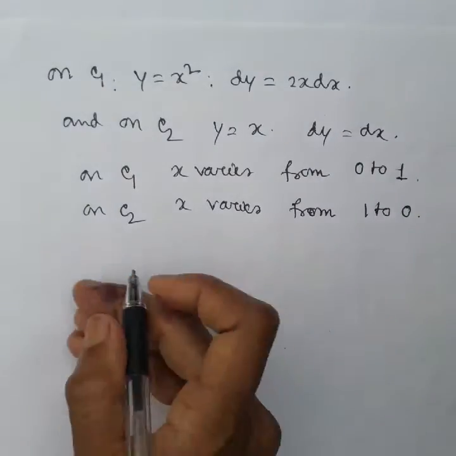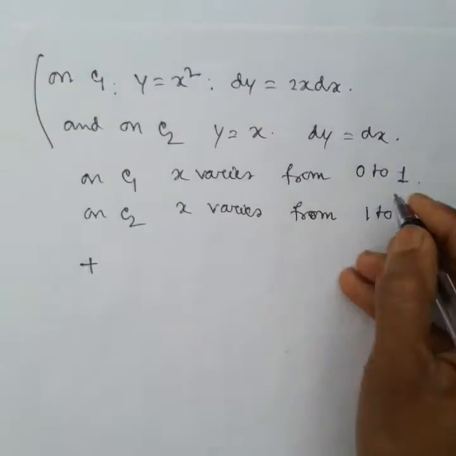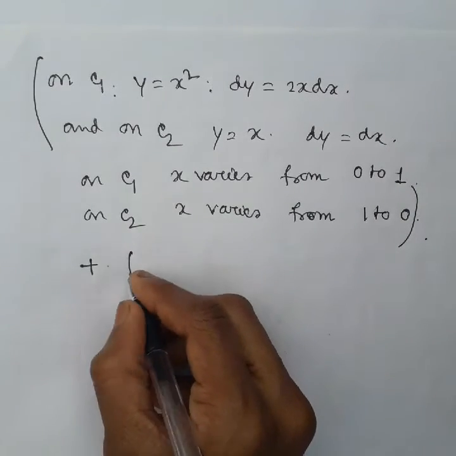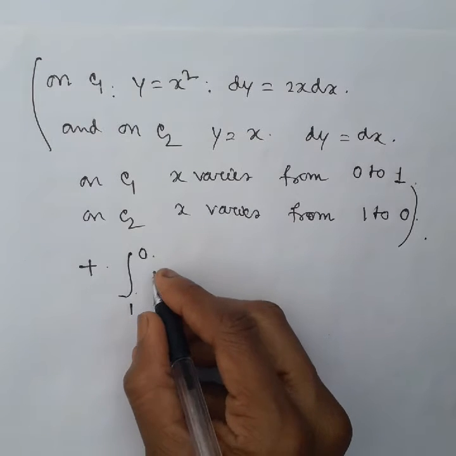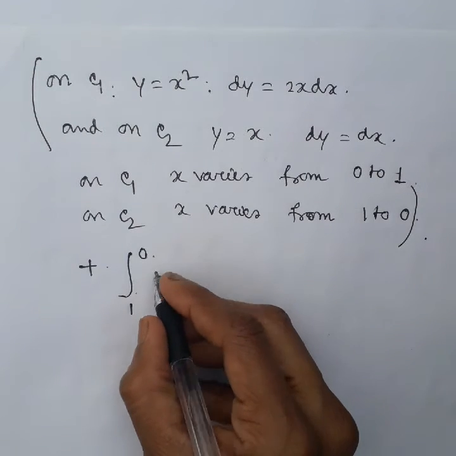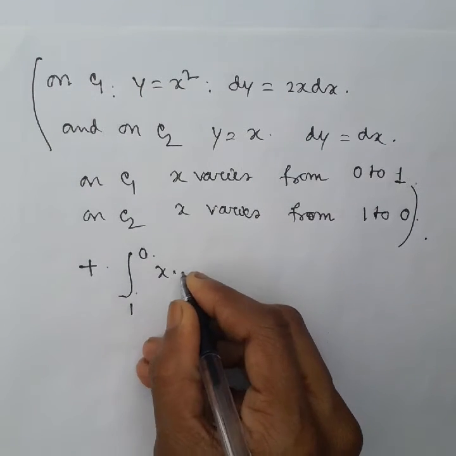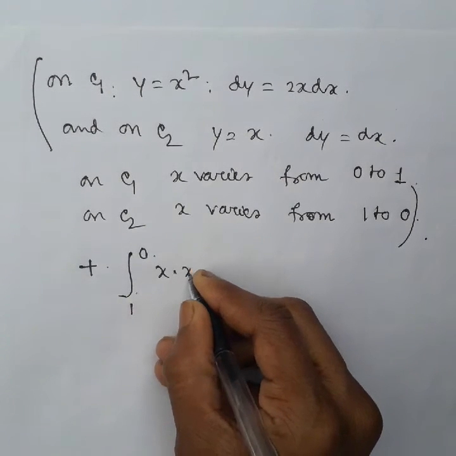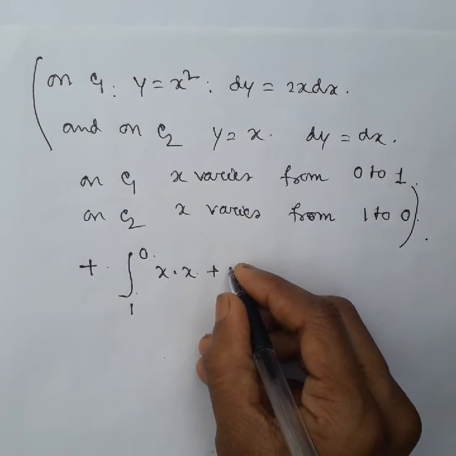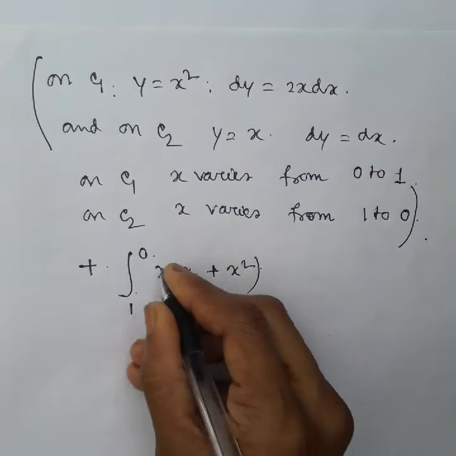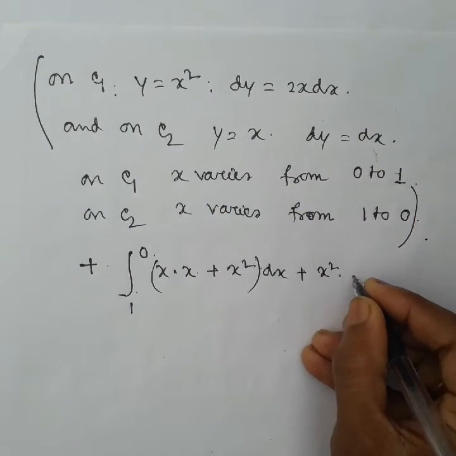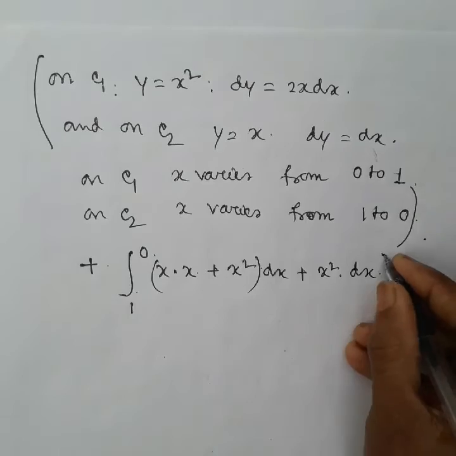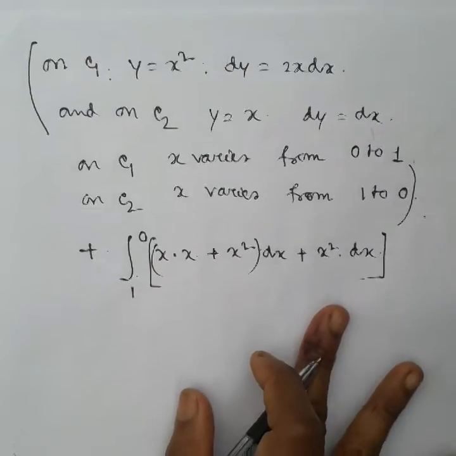For C2, the integration from 1 to 0 in m dx: m means x into y, that is x square, plus y square, that means x square, dx plus n dy. N means x square and dy means dx. Clear?